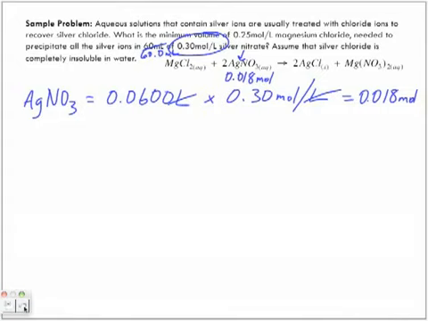Now, we're trying to find the minimum volume of magnesium chloride. What are the minimum moles? The minimum volume of magnesium chloride that we need in order to precipitate all the silver ions. So what we're trying to find is our x, that's our unknown.